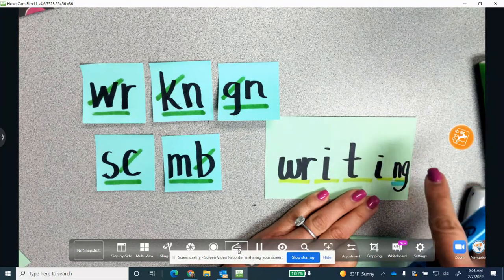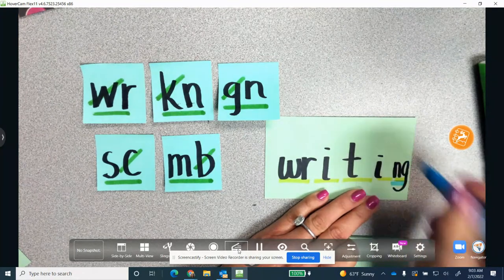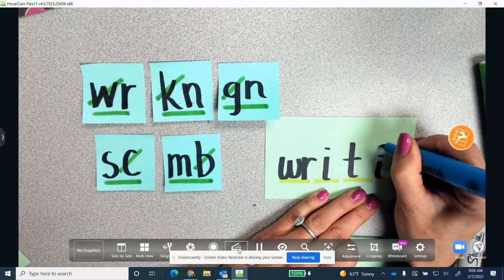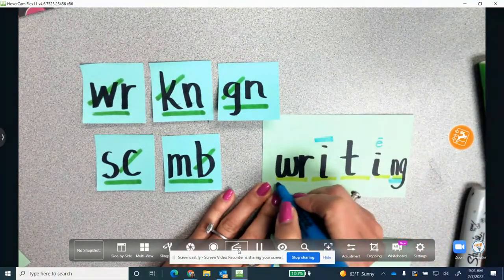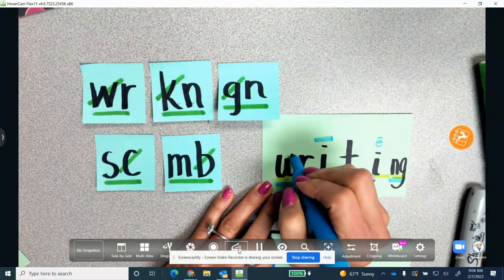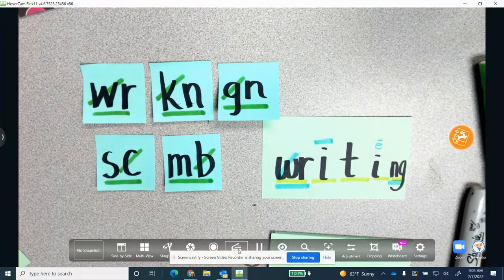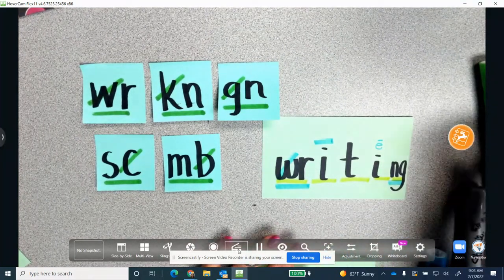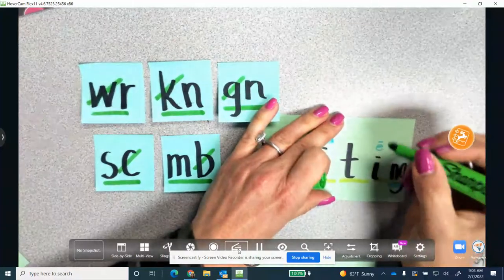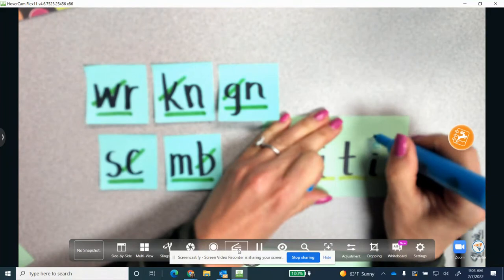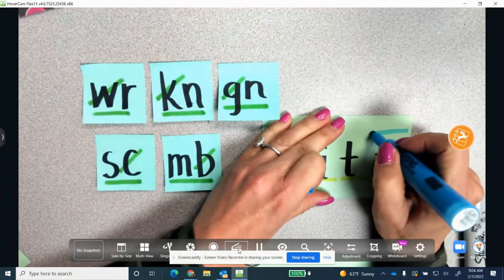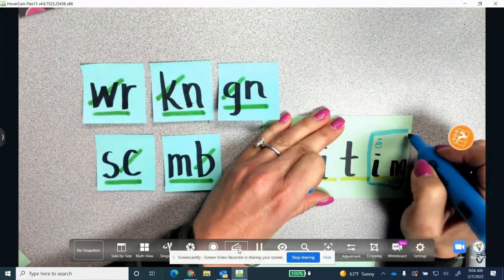So it kind of changes. Oh boy, look at all this. It's a little tricky. Writing. Now I like to put a box around the parts added to the end, like prefixes, suffixes, and I'm going to put a box around the ing. Okay.